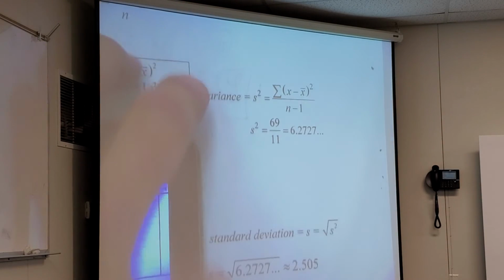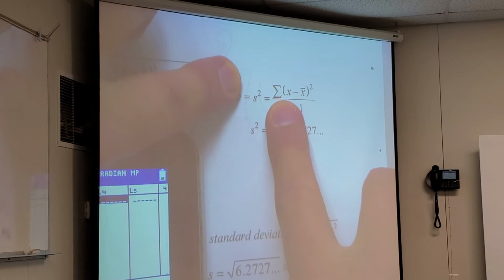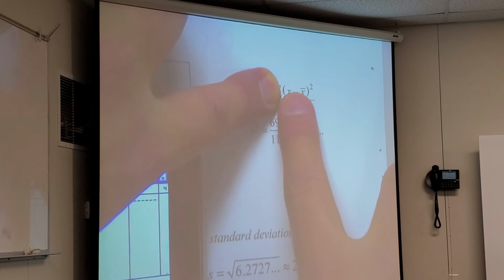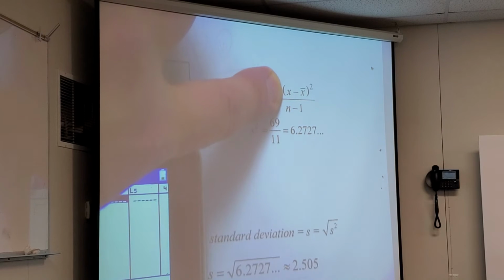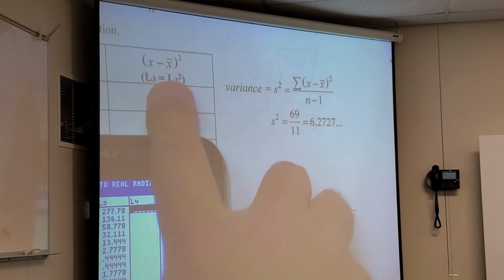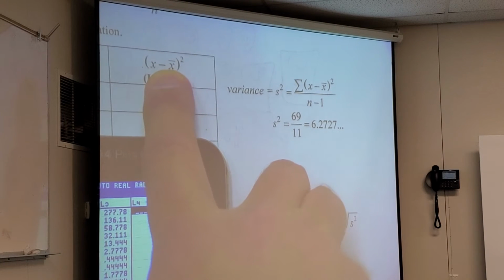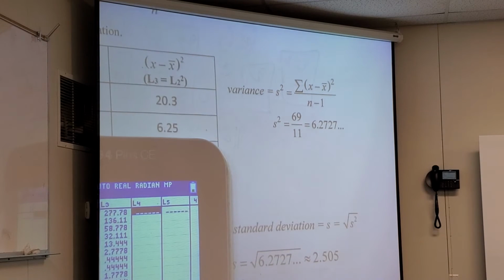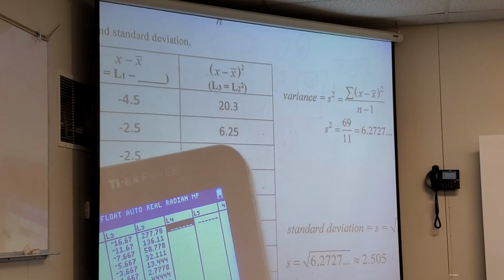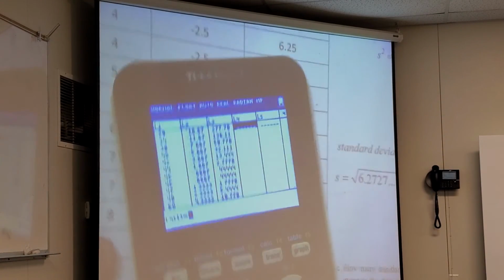So if you have a formula with that big sigma in it, cover that and say, oh, I need a bunch of x minus x bar squared values, because then I can add them up. That's what the symbol means, right? That's how I know to make this column eventually. Do you see what I'm saying? It's not so much memorization. It's more like the formula actually tells you what to do. You don't have to memorize this thing, unless you want to. Go ahead.